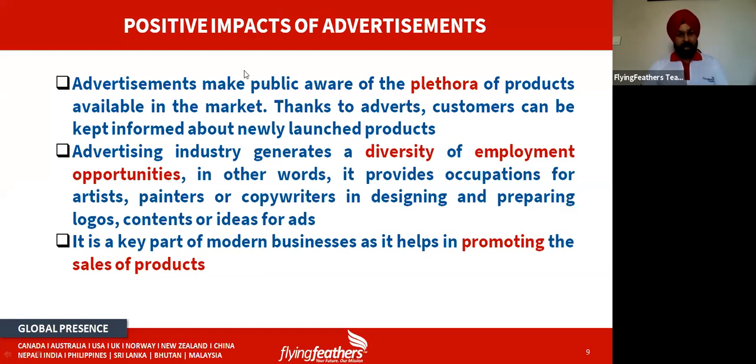I have given three options: it is informative, it is entertainment, or it is both of these. The answer for this is informative. Again, what should be the correct name for adverts?